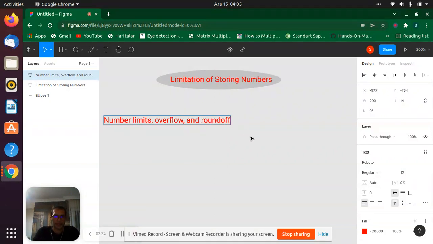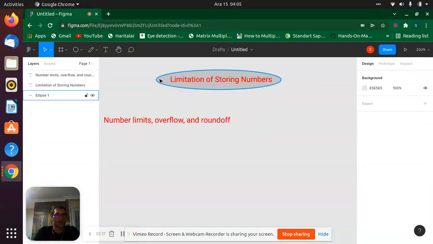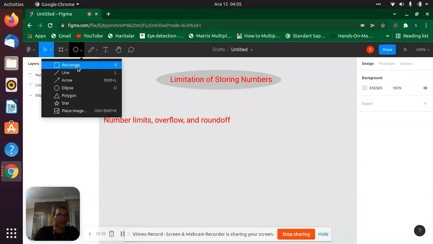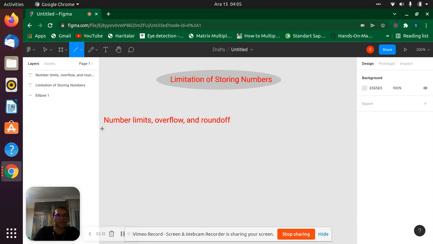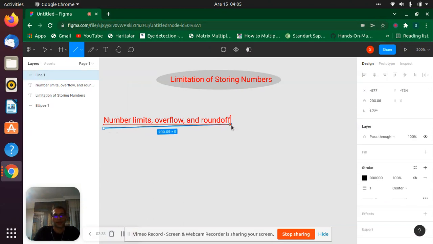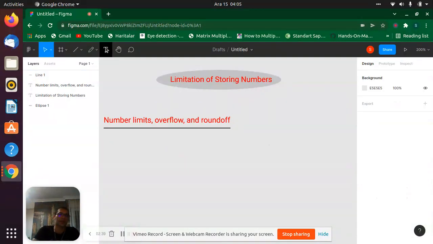Okay, this one now here, and I will do some line. What do you think? It's okay. Amazing.